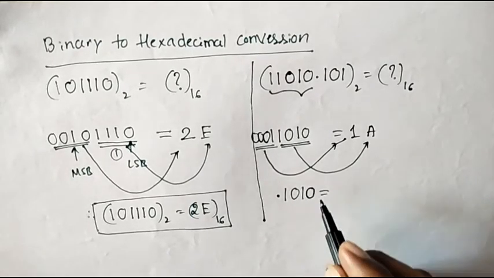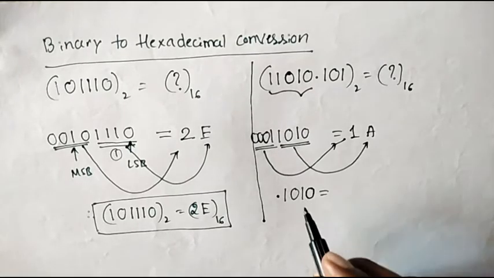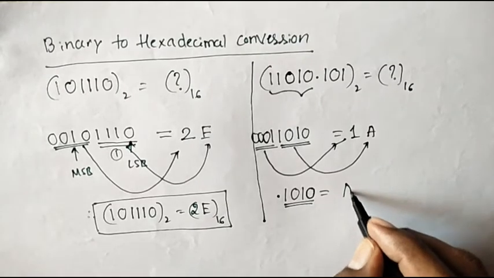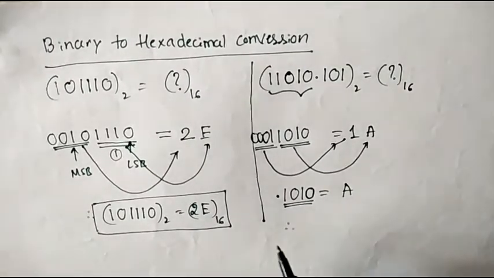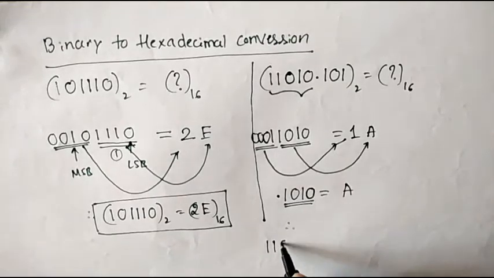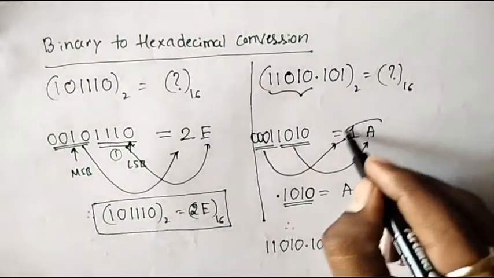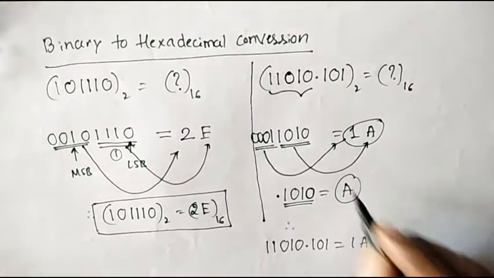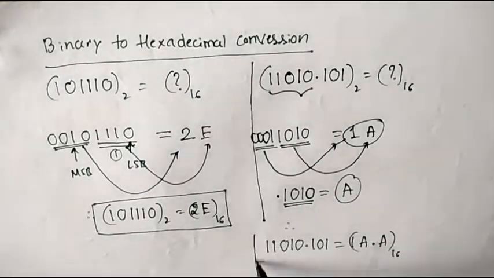Append one more bit at the end, and this is nothing but A in hexadecimal. Therefore the complete number 11010.101 is equivalent to 1A.A in hexadecimal.